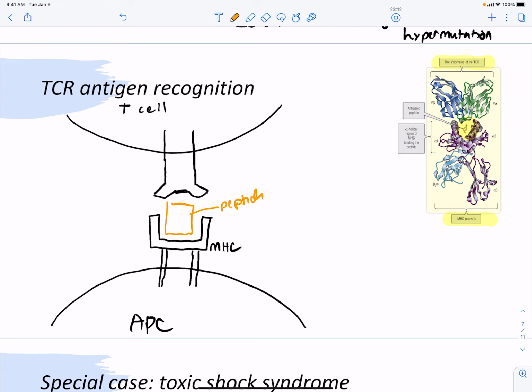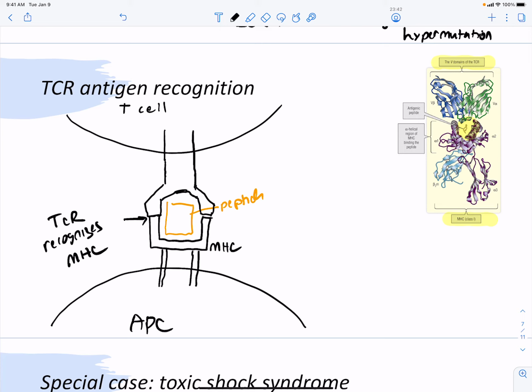And I didn't draw it well enough here, so let me make that a little more clear. So the T cell receptor will actually touch your MHC. So TCR recognizes MHC.